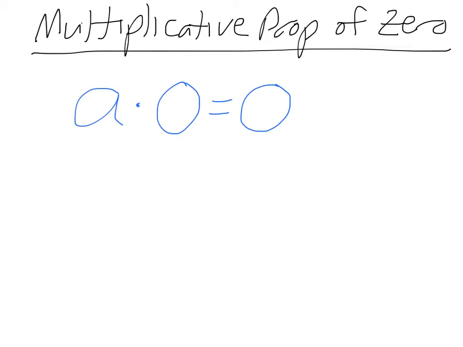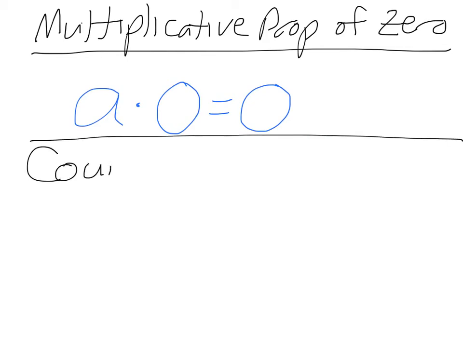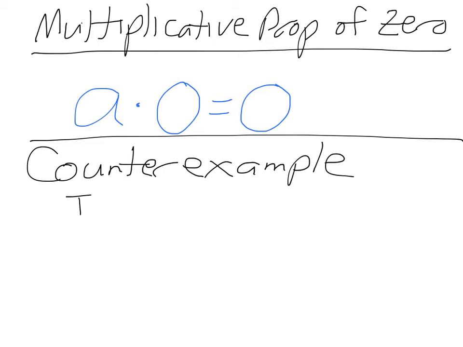Now, one thing that you're going to come across that we need to talk about is called a counterexample. A counterexample is used to show why something doesn't work. For example, is division commutative?